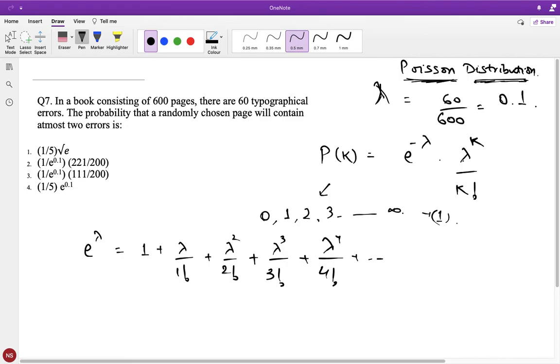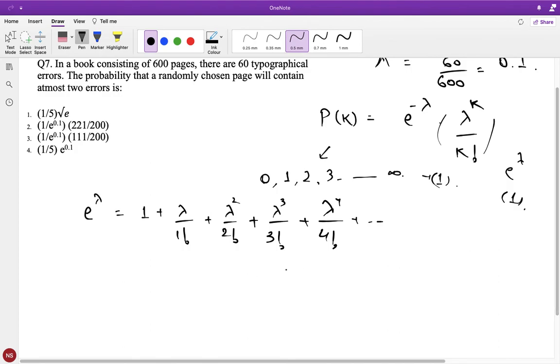So this will expand to 1 plus lambda by 1 factorial plus lambda square by 2 factorial plus lambda cube by 3 factorial. In the end, this whole summation will become e to the power lambda, and the product of these two will give you 1. So at most 2 errors. At most 2 errors mean either 0 error or 1 error or 2 errors.